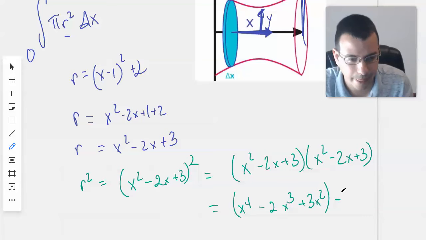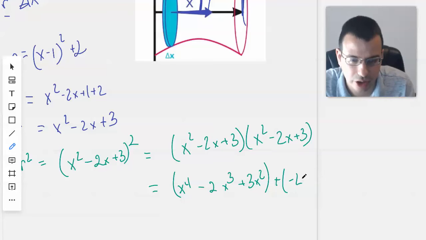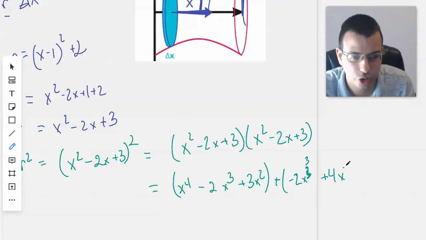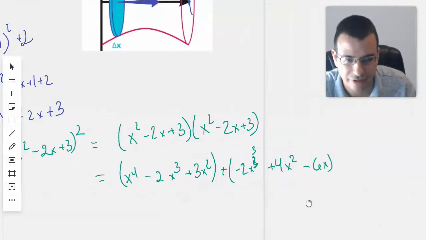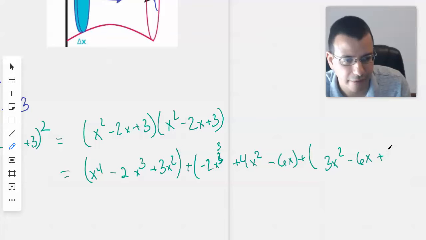Next, minus 2x cubed, plus 4x squared, minus 6x. Then the final group with the 3: 3x squared minus 6x plus 9.